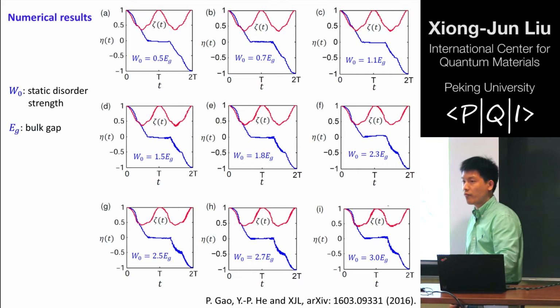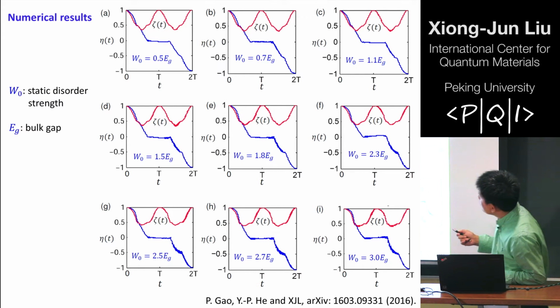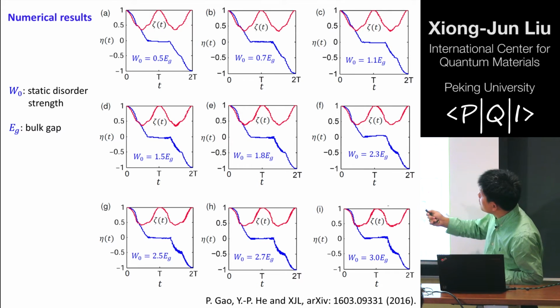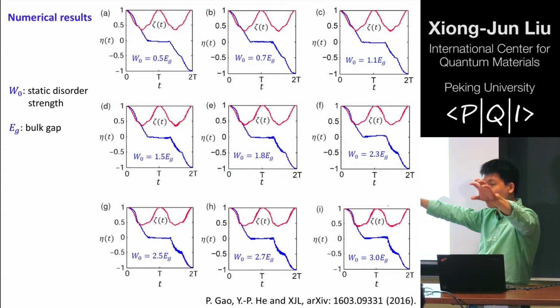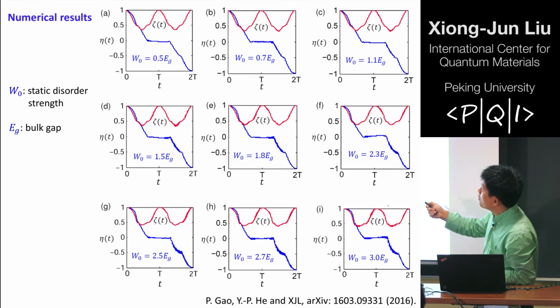What is the red curve? Which one? You have two lines, right? Red and blue. Oh yeah, this is the wave function. This is the projection to the initial Majorana wave functions. It means that after a braiding, it should go to 1.